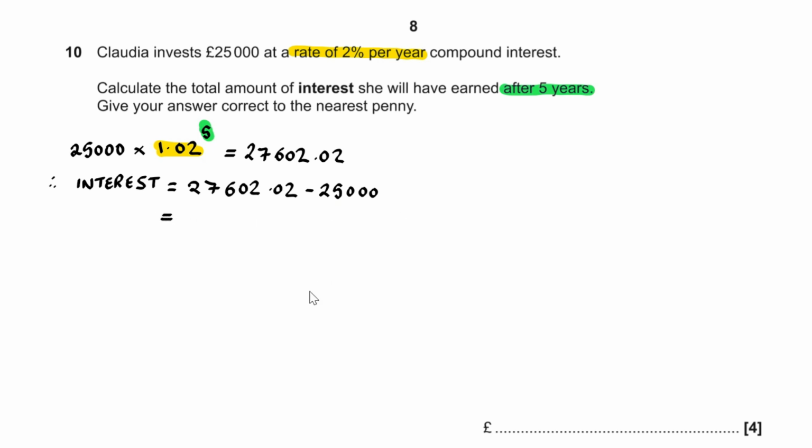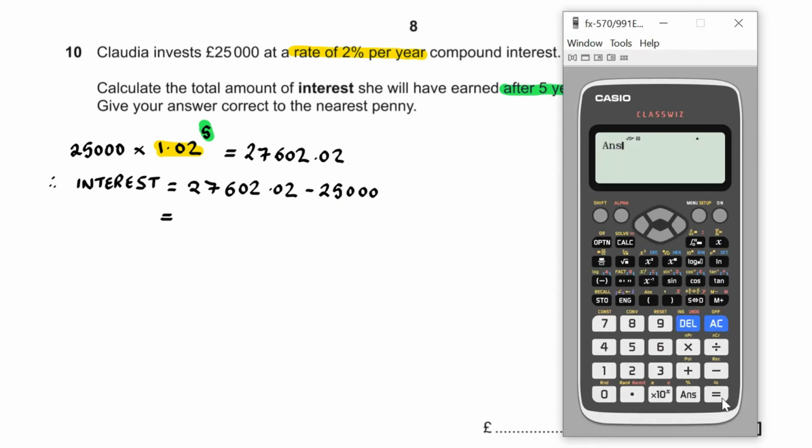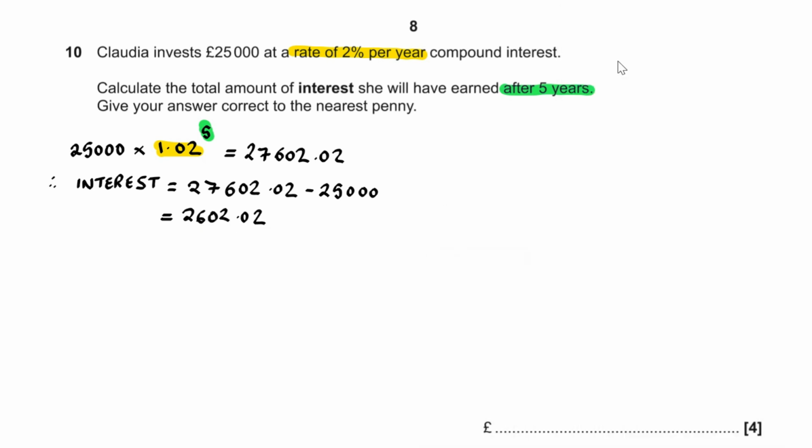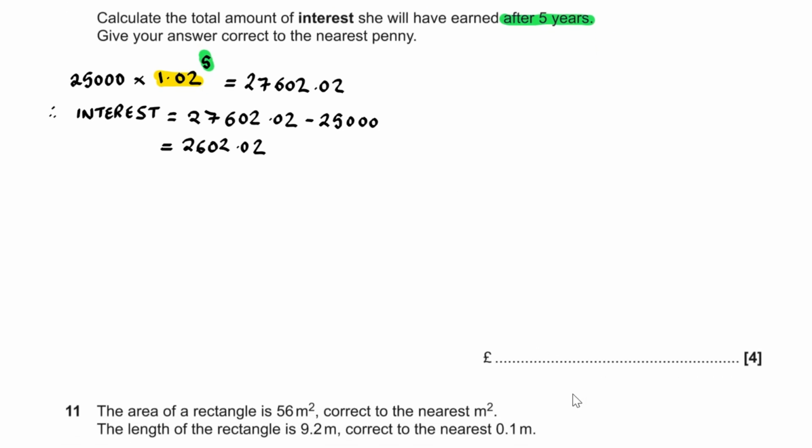If we do this value take away the 25,000, it turns out the interest we have is 2602.02. Of course, we need to make sure we give our answer to 2 decimal places. So therefore, to the nearest penny, we have 2602.02.